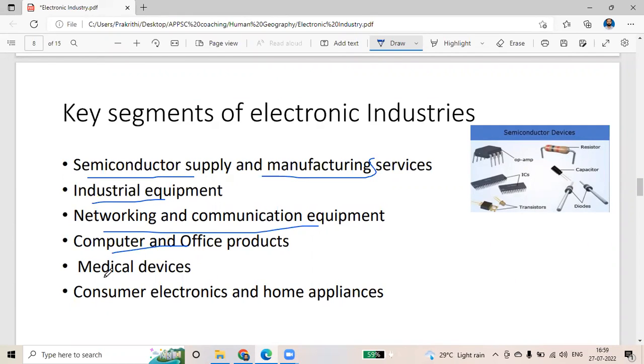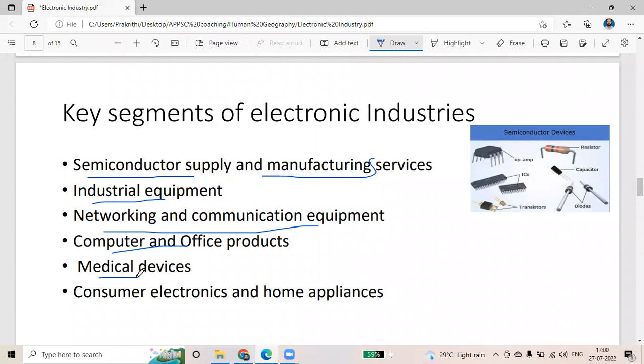Then the medical devices. What are these medical devices? They are used in the medical industry. Like when we go to the hospital, they will scan us, take x-rays, MRI scan, CT scan. So there are multiple. Then heart rate calculators, measurement tools, oximeters.